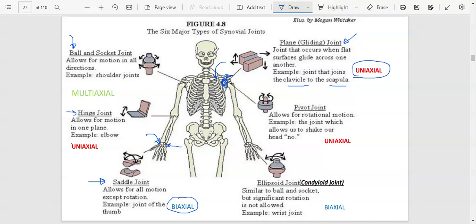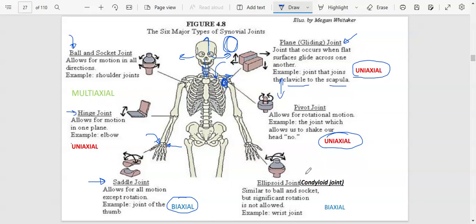So you're able to turn your head in this direction, up or down, like that. It is also a uniaxial joint, because in as much as you are able to do that, it is not that free. So the joint can allow you to go either up or down, but you can't turn your head around like that, but you can go to the sides or up and down. So that is a pivot.